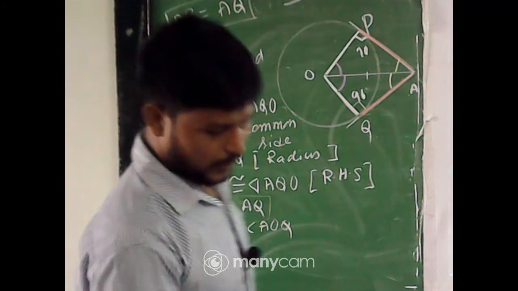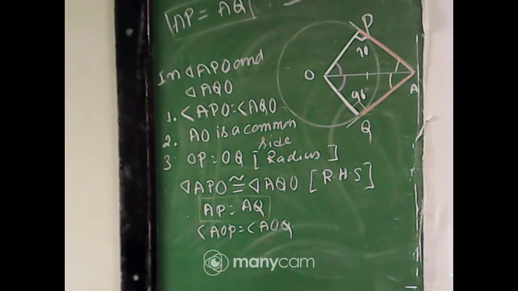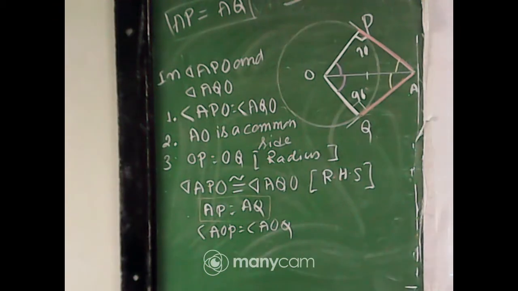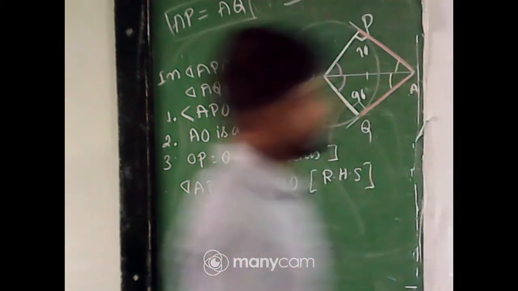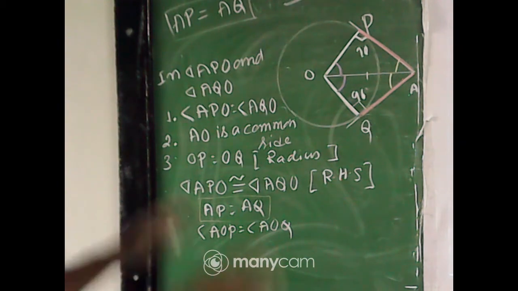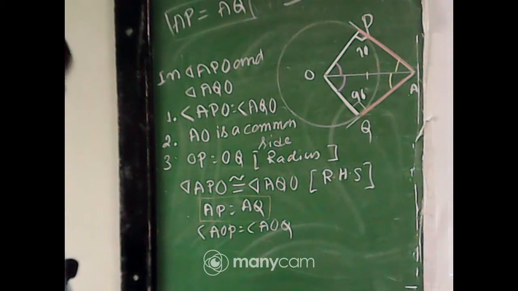Okay, now students, tell me, have you understood the theorem, or if you want, I can repeat the theorem once again. If you have understood, then we'll go to the exercise problem. Otherwise, if you have any confusion, we can repeat the theorem again. Tell me what to do.